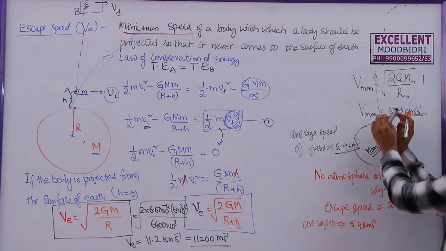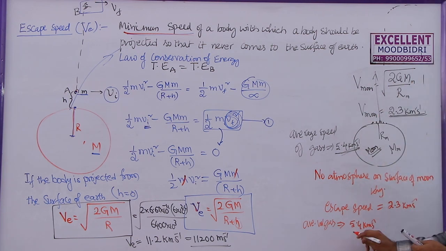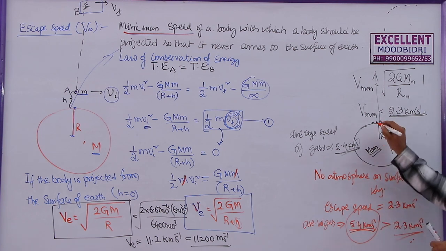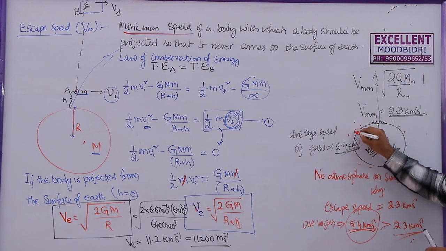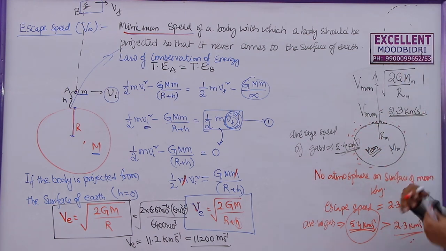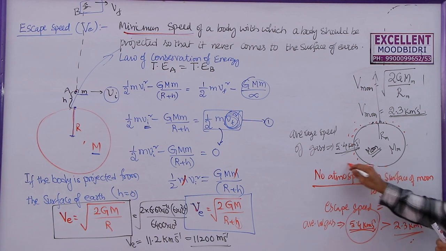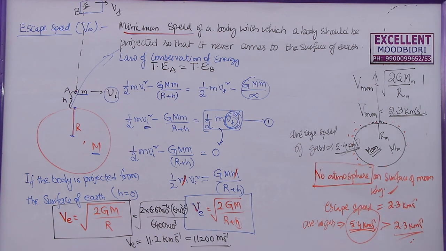So if you keep any amount of gas here, it can move with a speed of 5.4, which is much greater than this 2.3 kilometer per second. So due to this, all the gases which are present on the Moon, previously or even if you keep some gases here, escape very easily. That's why there is no atmosphere on the surface of the Moon.